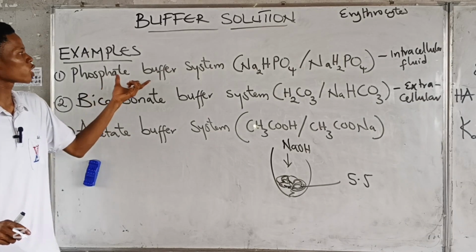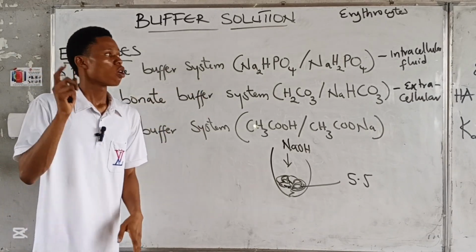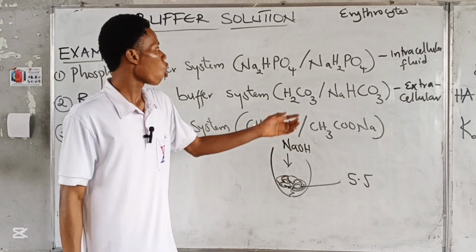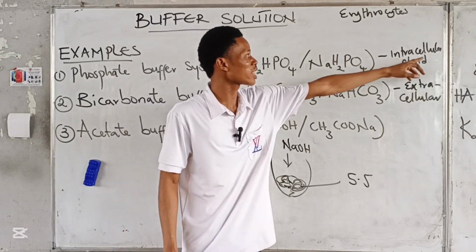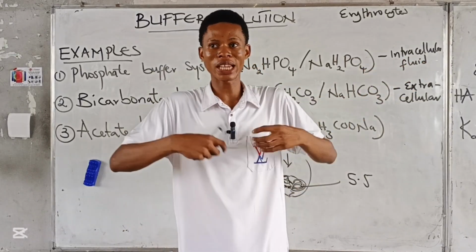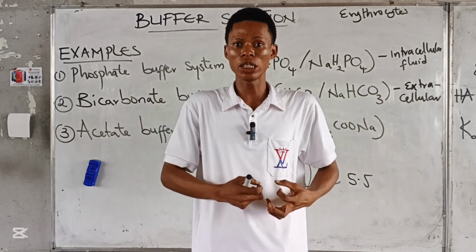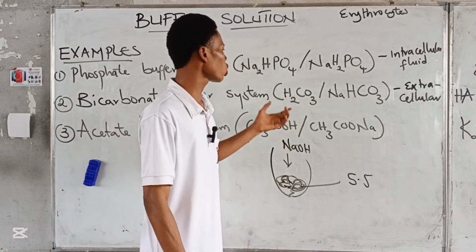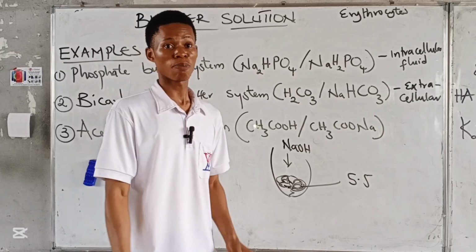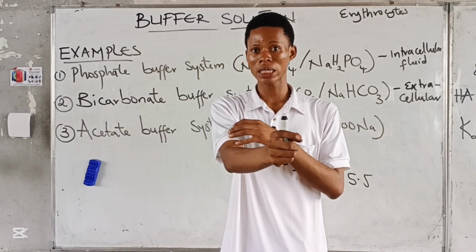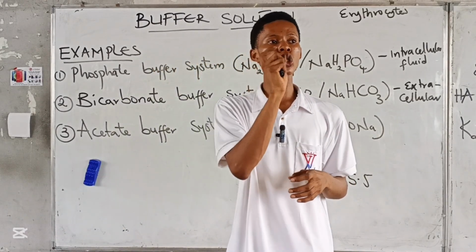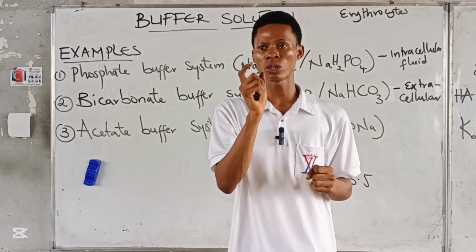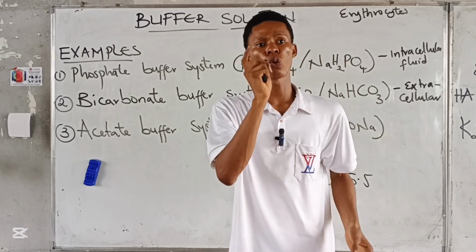We have the phosphate buffer system. Now, the phosphate buffer system operates in the intracellular fluids found in our body. But you see as we go on that this phosphate buffer does not operate in the blood, right? The level of phosphate ions in the blood is low.